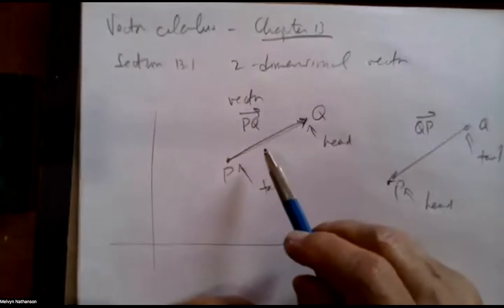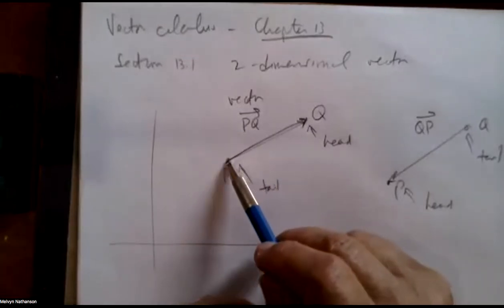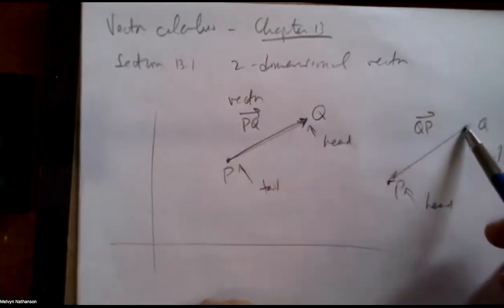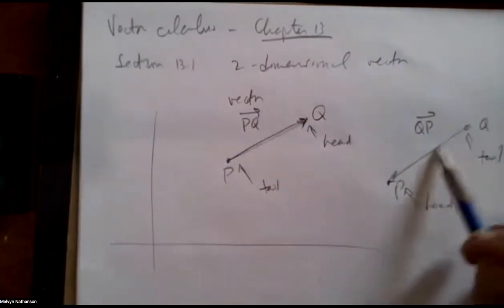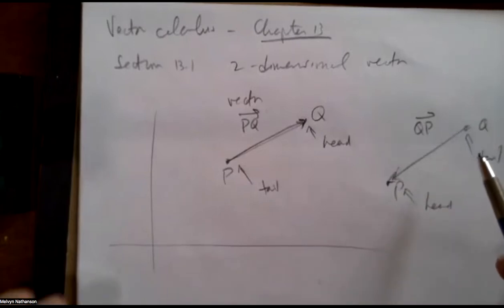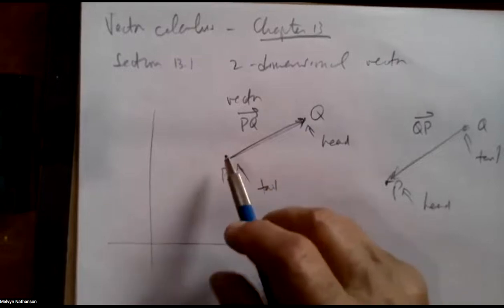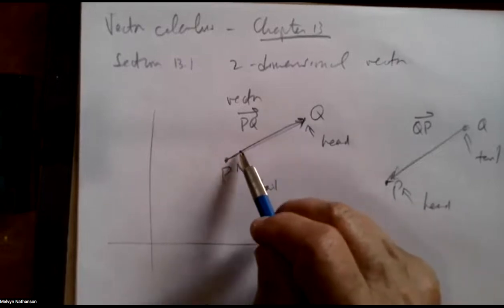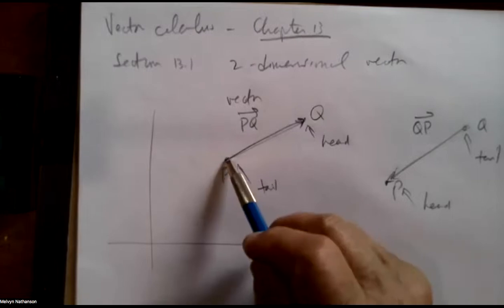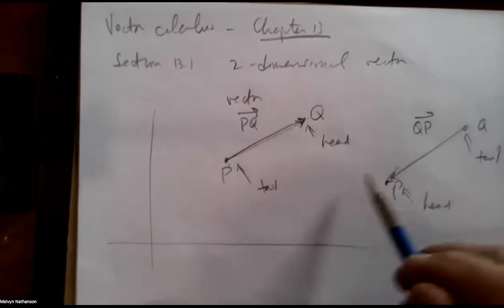So between any 2 points, P and Q in the plane, any 2 different points, there's a vector from P to Q, and then there's a vector in the exact opposite direction and parallel, but pointing in the opposite way from Q to P. And what really matters is not so much the points P and Q, the start and stop or tail and head of the vector.